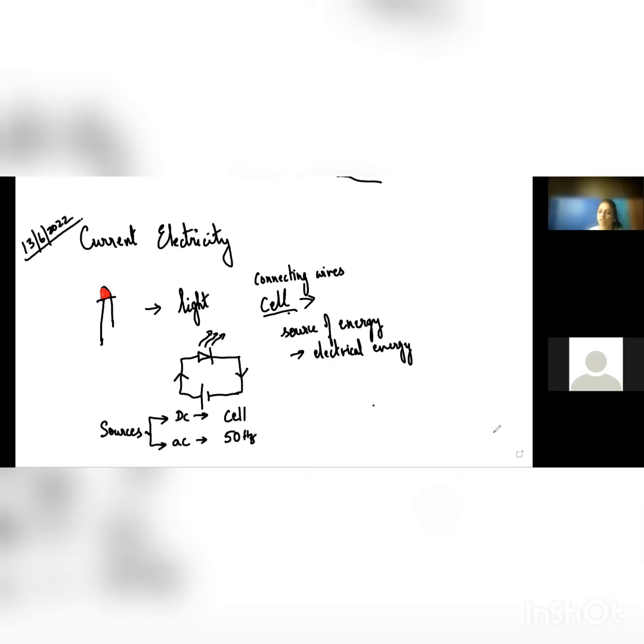Okay, so we'll concentrate only on cells now. I'm just going to clear this. And so to understand more about all these things, you need to know a few things. One is Ohm's law. Okay, what is Ohm's law? This we have done in our previous classes. V is equal to I into R. So the potential drop across a resistor, this is a resistor R, say current I is flowing through it.